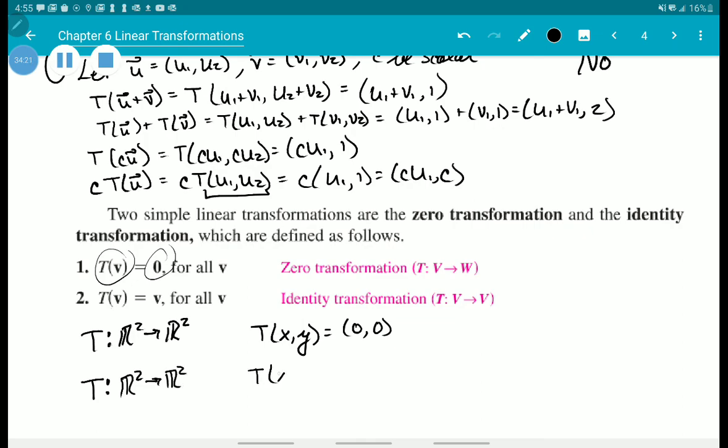So it would take the vector xy and map it to the vector xy. Once again, it's not a very exciting transformation, but it does meet the criteria. Therefore, it is a linear transformation. I'll leave it to you to verify that one as well. So those aren't as exciting as the other ones that we did, but they do satisfy the axioms there.